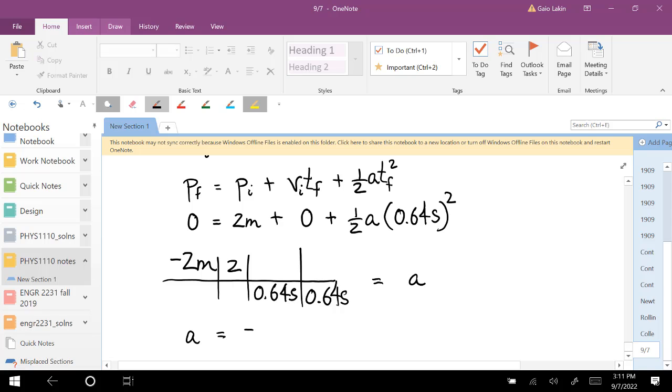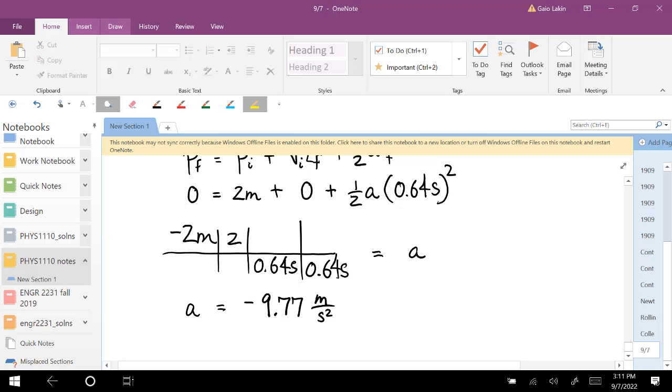Negative 9.77. Okay, negative 9.77 meters per second squared, which is pretty close to the true value of 9.81, but there's some error in the experiment or whatever.